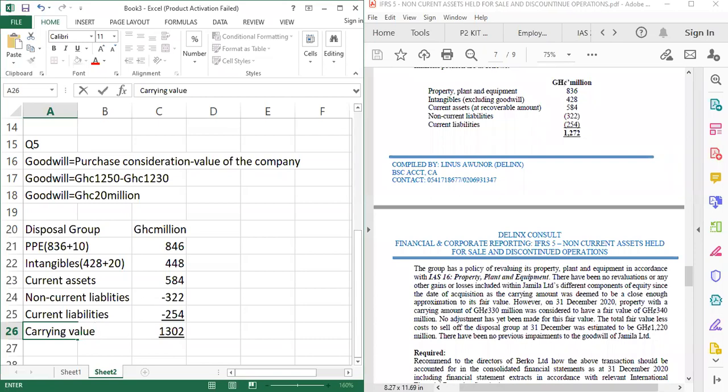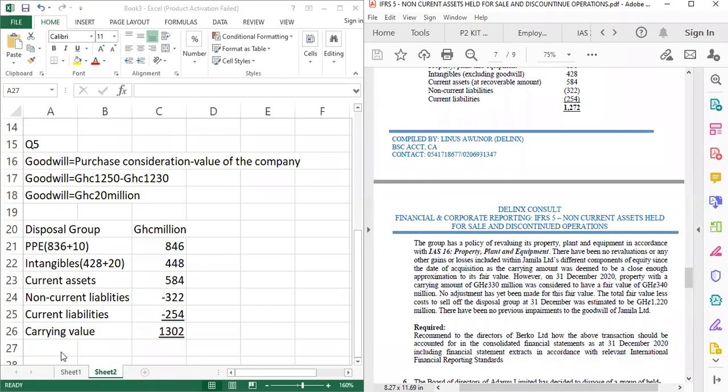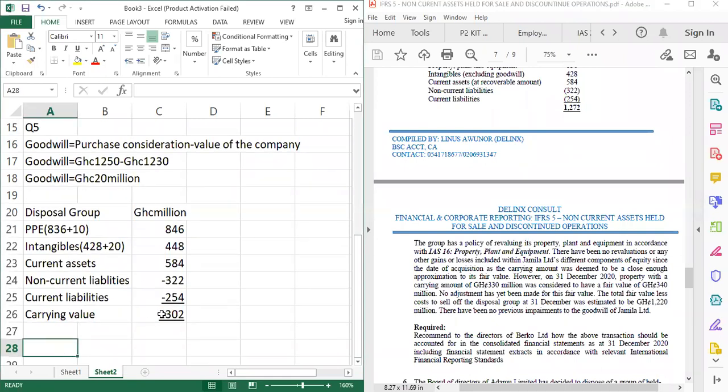But what is the net realizable value? 1,220. The net realizable value now is 1,220.